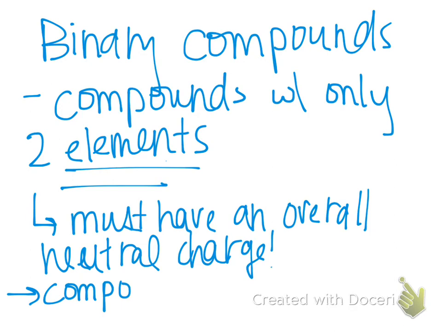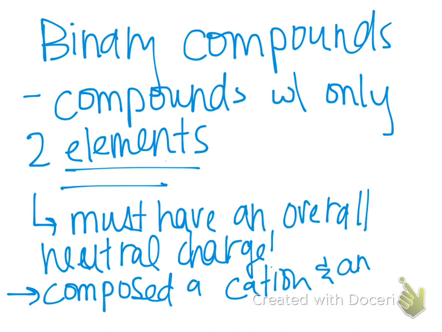Composed of both a cation and an anion. That means something's coming from the left side of the periodic table and something's coming from the right side of the periodic table. So we're going to do lots of practice with binary compounds.